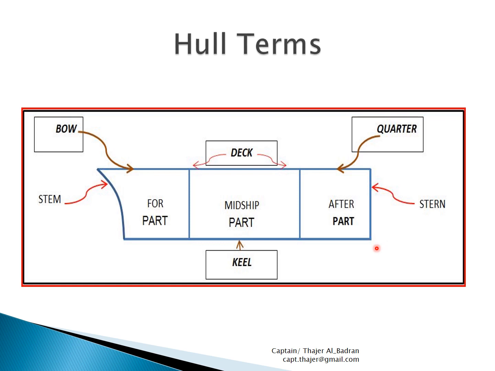At the bottom, we show the keel. The keel is the bottom center line of the ship. This is the keel. Also, length overall, the total length of the ship from stem to stern.